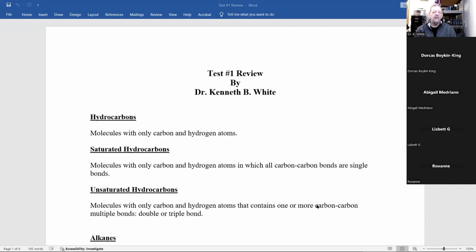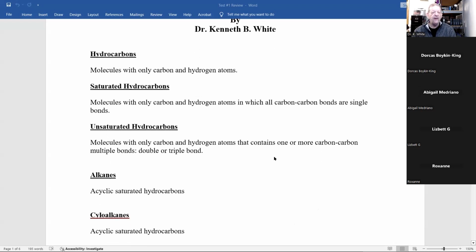All right, you should know what's a hydrocarbon. That's a molecule with only carbon and hydrogen atoms. There are 2 types of hydrocarbons, saturated and unsaturated. A saturated hydrocarbon is a molecule with only carbon and hydrogen atoms, and being saturated, it has only carbon-carbon single bonds.